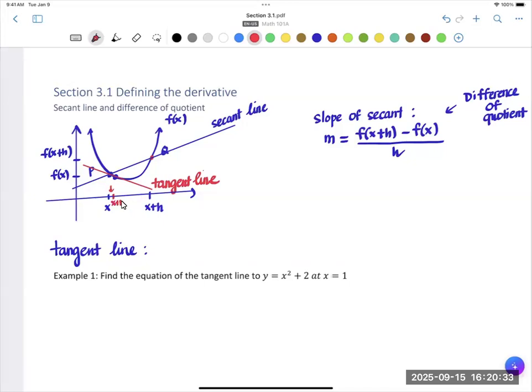We say that distance is getting almost zero. So the slope of the tangent line can be found by taking the limit as h approaches zero of f of x plus h minus f of x, over h.